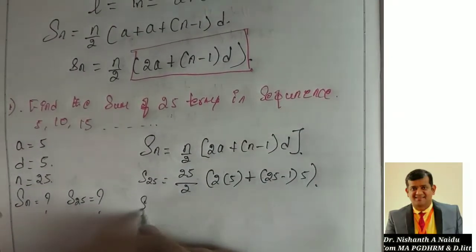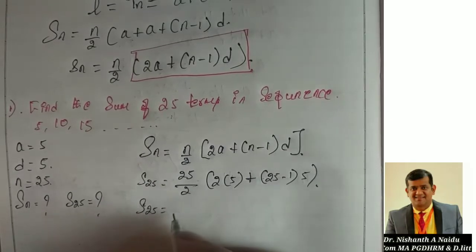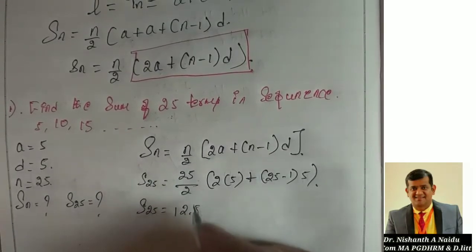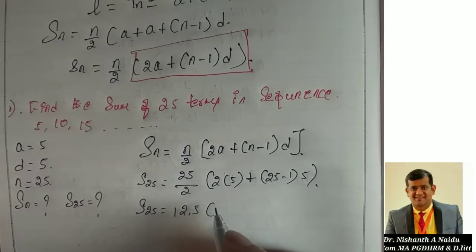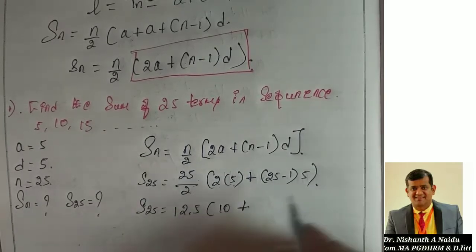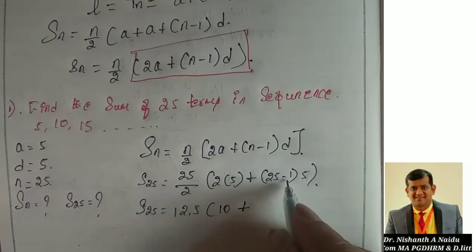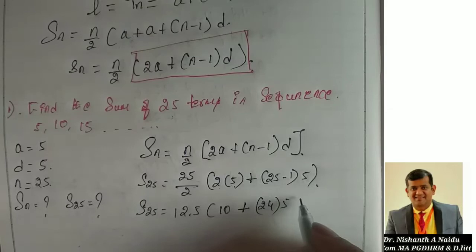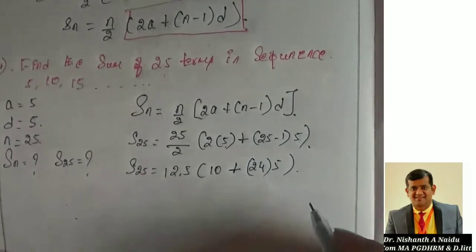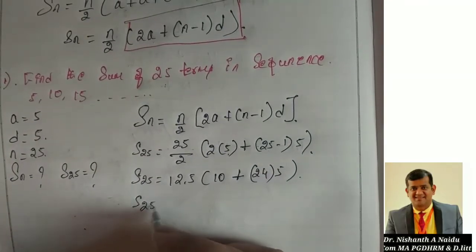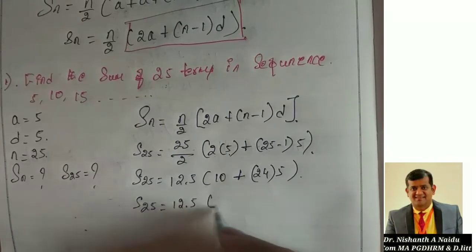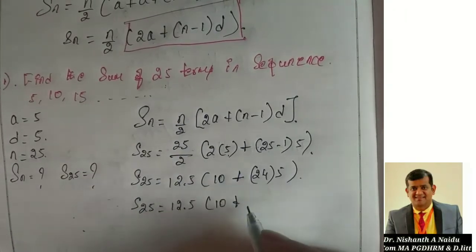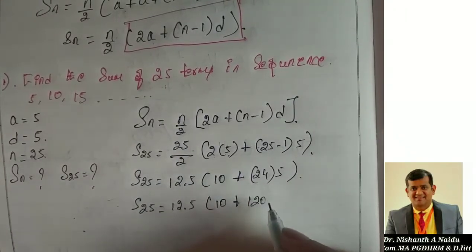That is S25 equals 12.5, that is 25 by 2, into 2 5s are 10 plus 25 minus 1 is 24, 24 into 5. So in the next step, S25 equals 12.5 into 10 plus 24 5s are 120.